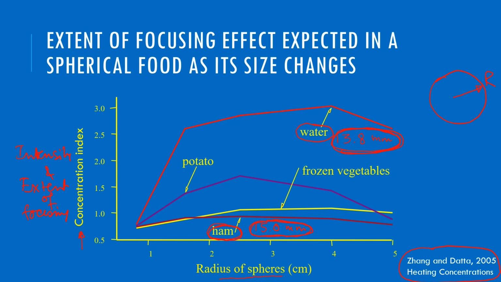Foods with longer wavelength and a longer penetration depth have a large range of sizes over which they show the focusing type effect, although the amount is not as high, but it shows this kind of enhanced heating near the center over a large range of sizes.